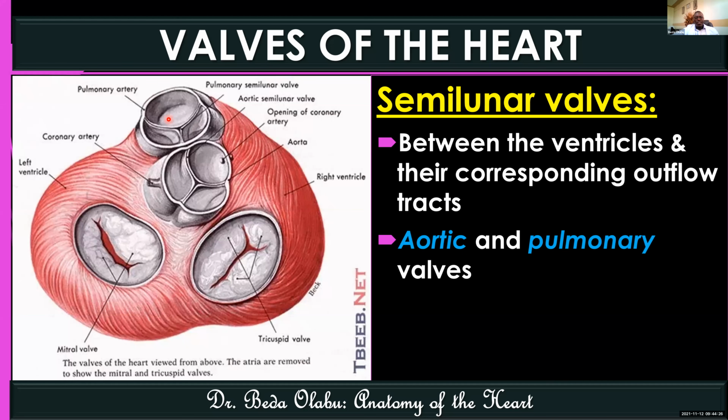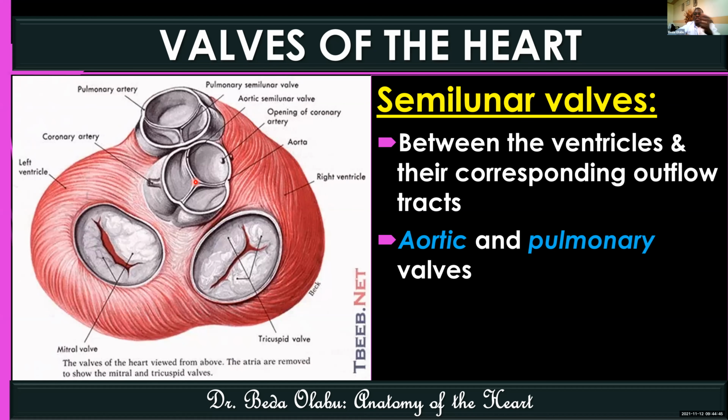I want you to notice that the 2 arteries are related in an anterior-posterior manner. The main pulmonary artery is in front of the aorta. So usually those 2 arteries cross.